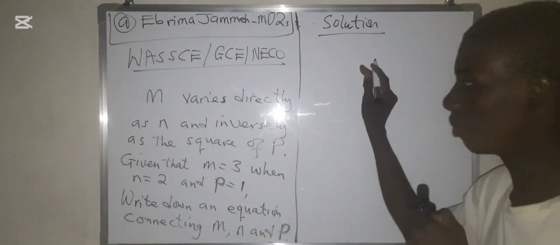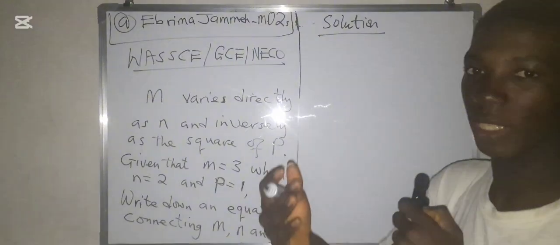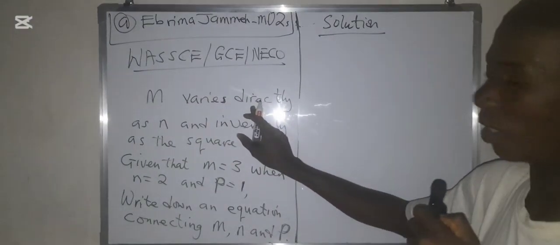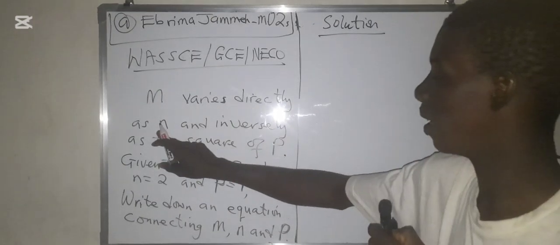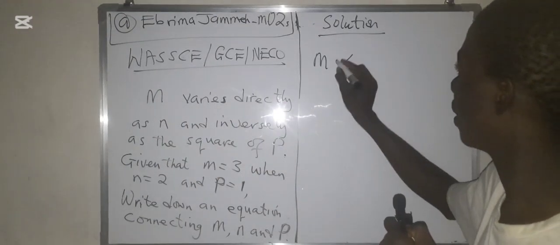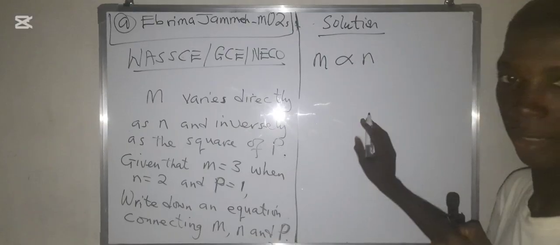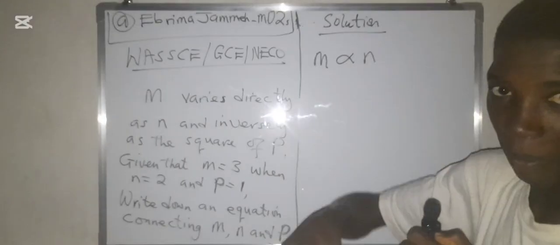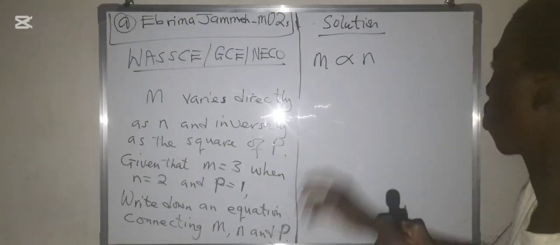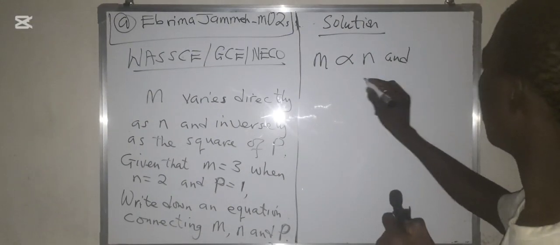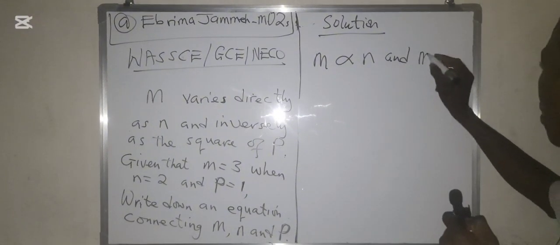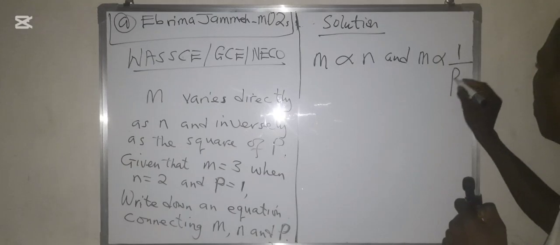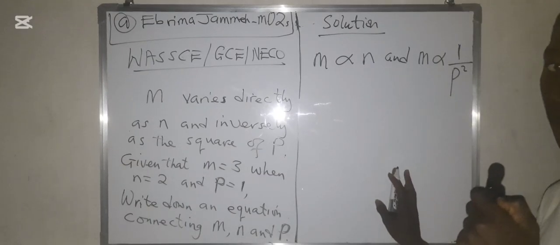Solution. As you read, M varies directly as N, and inversely as the square of P. The same M varies inversely as the square of P, that is P square, P to the power of 2.